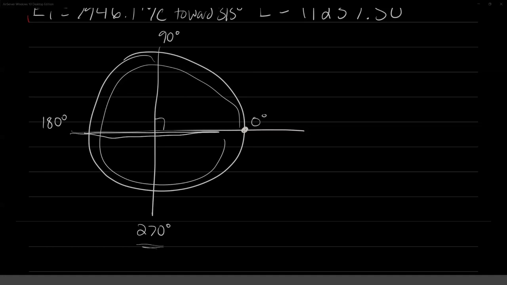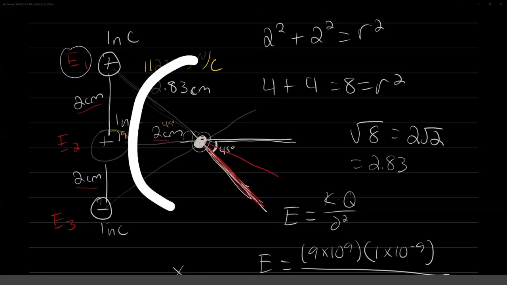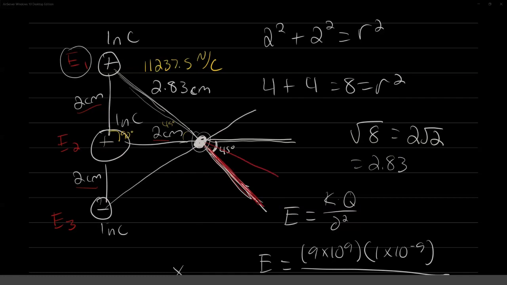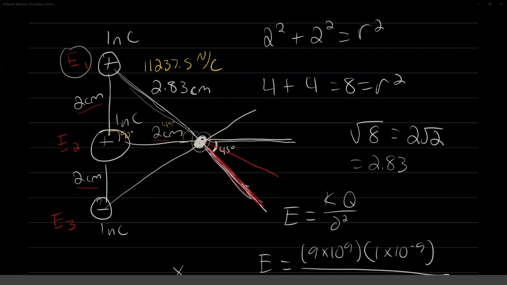So if we kind of look at this as a big unit circle, and this is your X and Y. Maybe I'll use a different color. This is like a big unit circle around it.